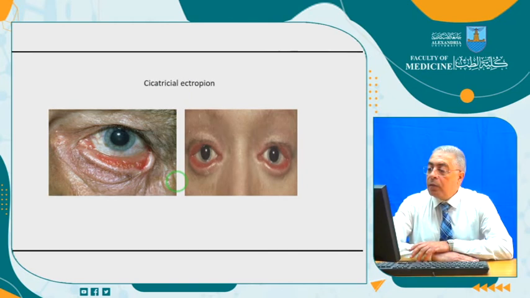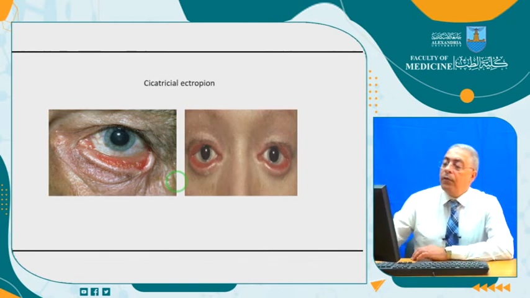The other slide is due to scarring of the lower eyelid following trauma, and the vertical scars are more serious than the horizontal scars. As you can see, the lid margin is rolled out at the points of traction of the vertical scar of the skin.